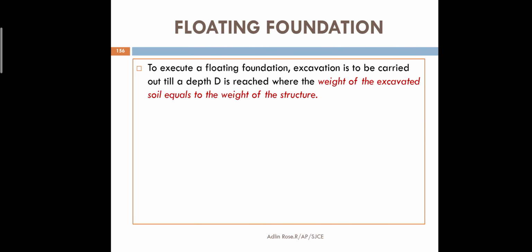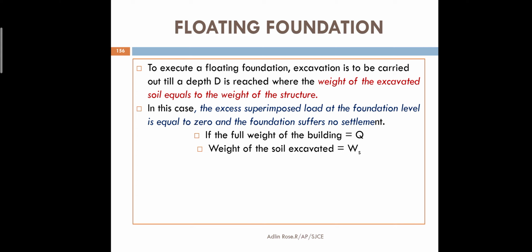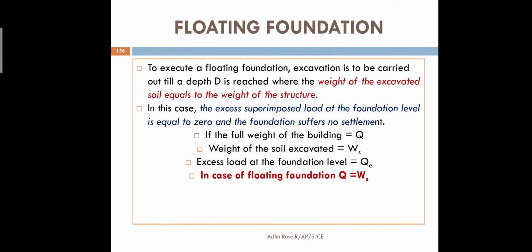Why? The same thing, there is no settlement. So assume the weight of the building as Q, the weight of the soil excavated as WS, and the excess load on the foundation as QE. In floating foundation, the weight of the building is equal to the weight of the soil excavated.